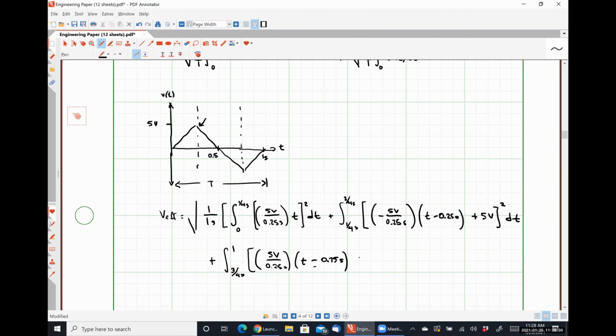And then my new y-intercept is minus 5 volts. Square this, dt. And then this square root goes over all of this, which we could put in our calculator and compute, but I ran out of time.